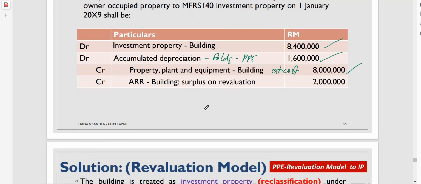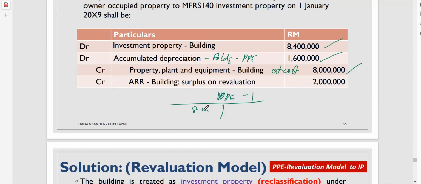So if you can imagine this, the PPE, the first item, has 8 million, right?